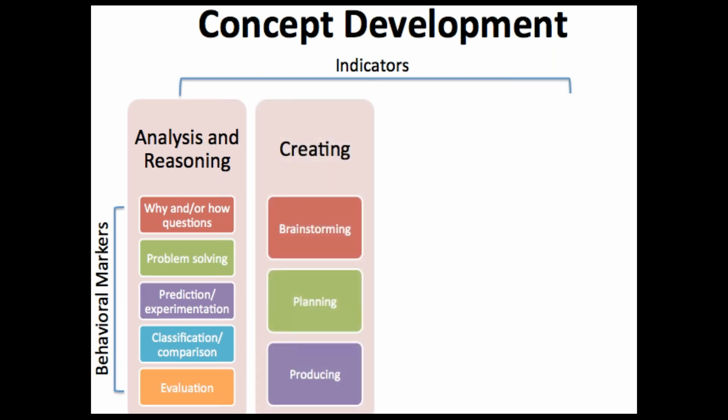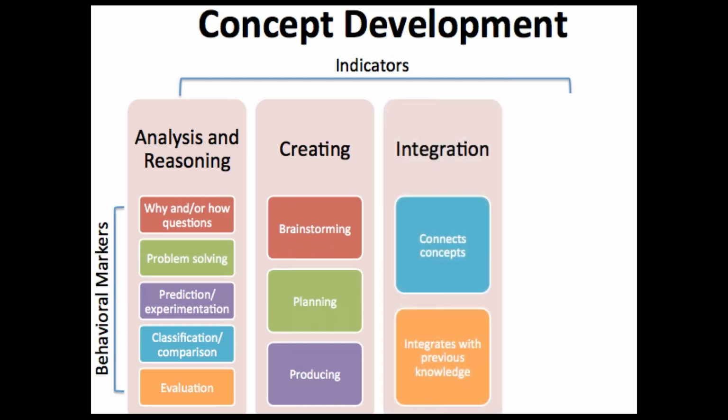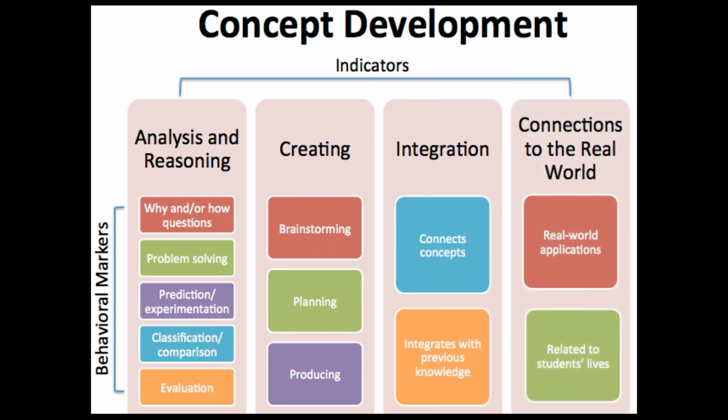You'll also think about creating, so opportunities to brainstorm, to plan, to produce different ideas. Then we'll move over to integration. So how do we make those connections to previous knowledge and previous concepts that children are already familiar with? And then finally, we make those connections to the real world. So how can we relate the information that we're discussing and make it a real world application, as well as relate it to the lives of the students in our classroom?